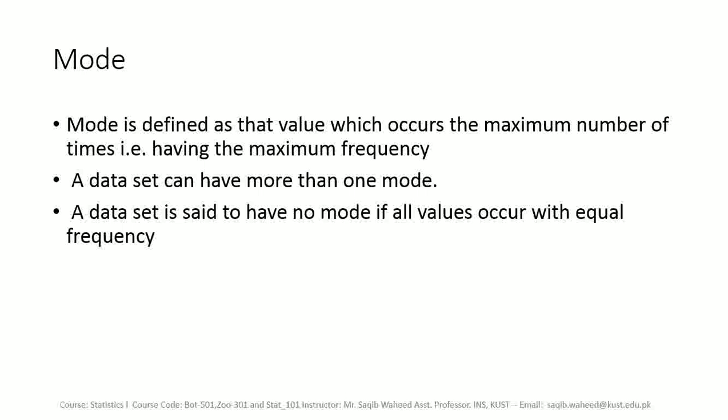A data set having one mode is called unimodal distribution. If the data has 2 modes, then it is called bimodal distribution. If the distribution has more than 2 modes, then it is called multimodal distribution.